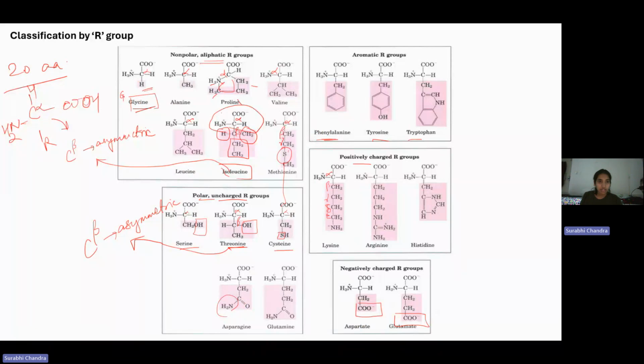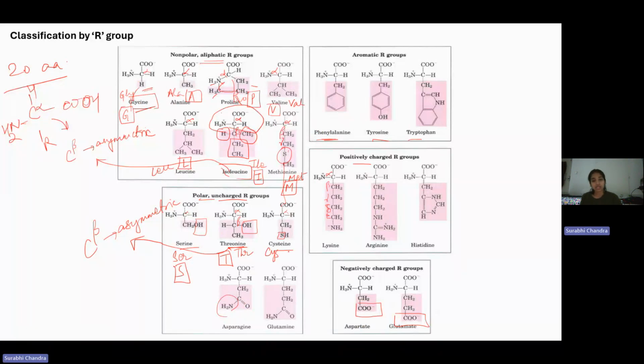Glycine goes with the abbreviation GLY, one letter code G. Alanine goes with ALA, one letter code A. Proline goes with PRO, one letter code P. Valine goes with VAL, one letter code V. Leucine goes with LEU, one letter code L. Isoleucine goes with ILE, one letter code I. Methionine goes with MET, one letter code M. Serine is SER, one letter code S. Threonine is THR, one letter code T.